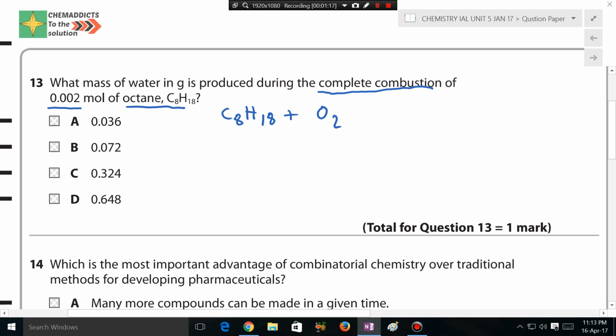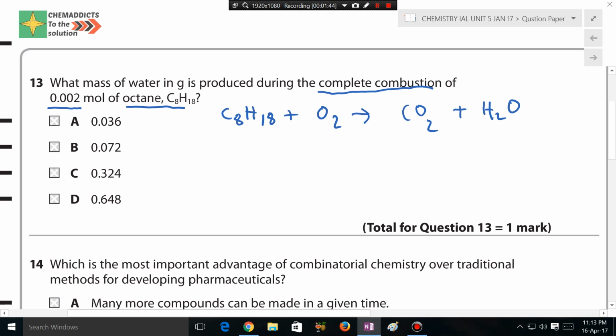Since this is complete combustion, we are going to end up getting carbon dioxide plus water. So here we have constructed the chemical equation for the complete combustion of octane.